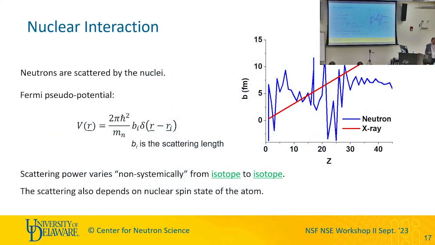One of the strange things, because it's a quantum mechanical interaction with the nucleus, is that it's not so obvious how they interact with a particular atom. So you pick your favorite atom out of the periodic table.